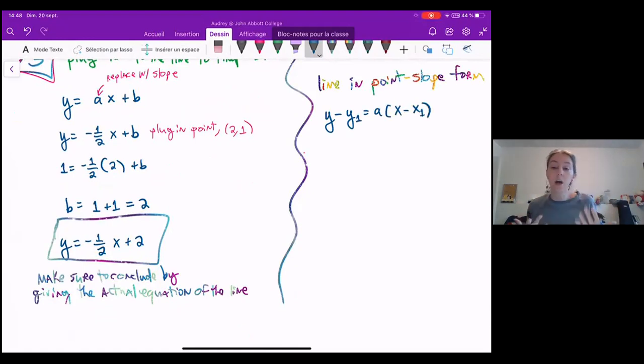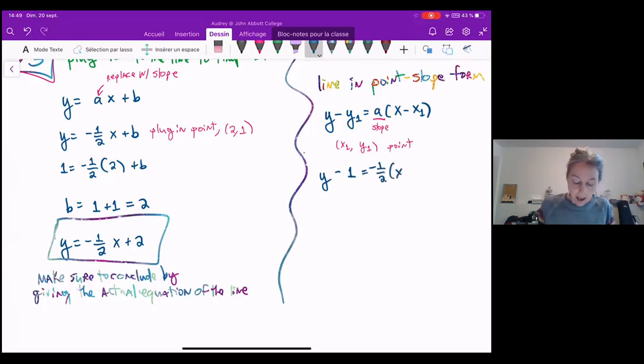So this is just another way of writing the line where that a right there is my slope, and (x1, y1) is my point. So in this case, the point slope form of this same line would be y minus 1 is equal to negative 1/2 times x minus 2.